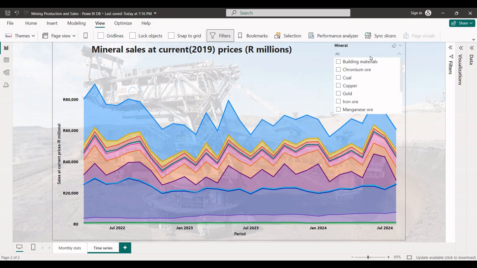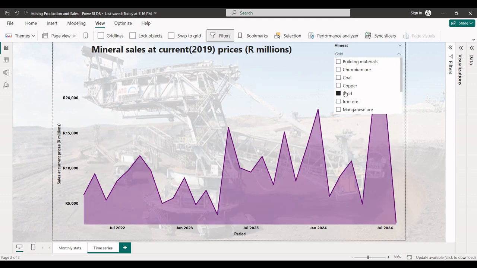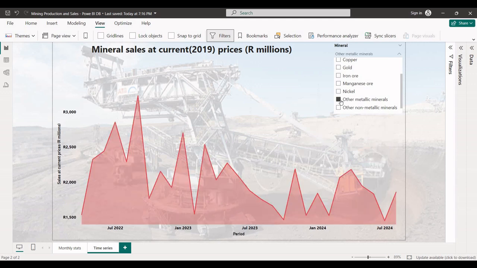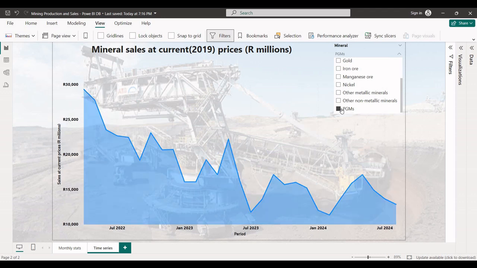And we have our slicer set to slice according to mineral, so we can have a look at an individual mineral's sales over time. So there's some sales for building materials, gold, and other metallic materials, nickel, and PGMs and so on.